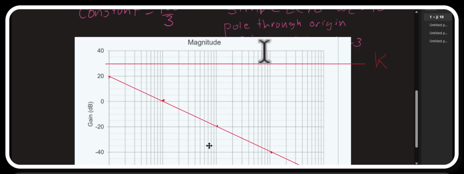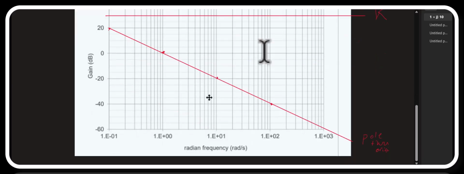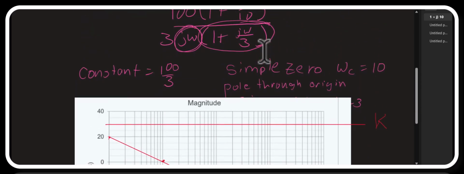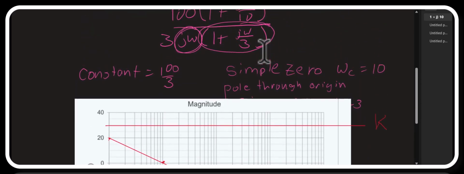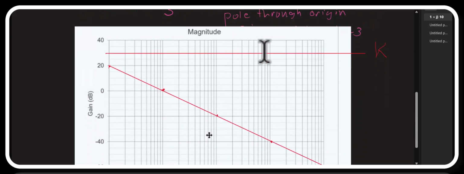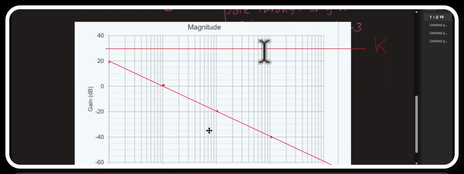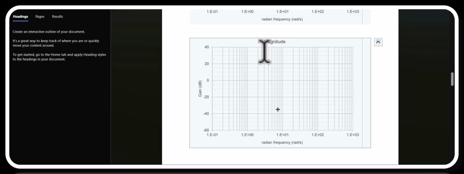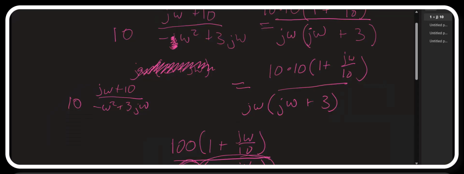And then we have a simple zero with corner frequency 10. The way it's listed on this worksheet has the approximation.